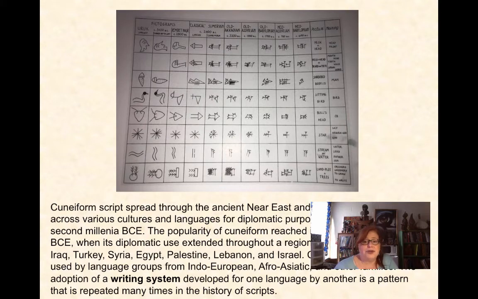Cuneiform signs were used by language groups from Indo-European, Afro-Asiatic, and other families, and the adoption of a writing system developed for one language by another is a pattern that we see many times in the history of script.